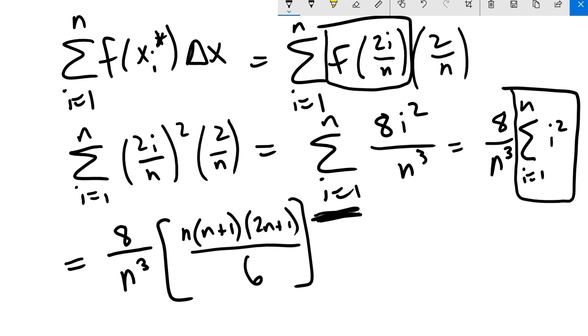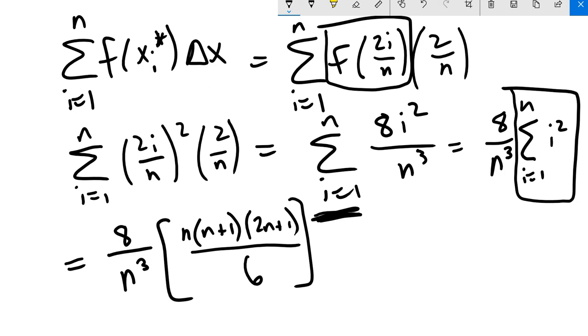There's a few summations out there that are fairly easy to prove, like i squared, i cubed. There's a few out there where it's handy to have that formula, because then you can easily simplify things. So this is a bit nicer.